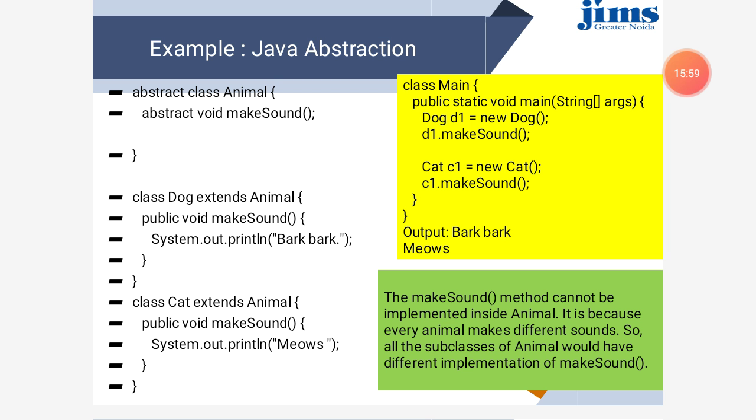When we create objects of both classes in the main method and call the makeSound method, the output is based upon their definitions. So every animal has a sound, but the dog's sound is different and the cat's sound is different. So in abstraction, we have mentioned that every animal should have this property, and the respective classes use those methods as per their properties.